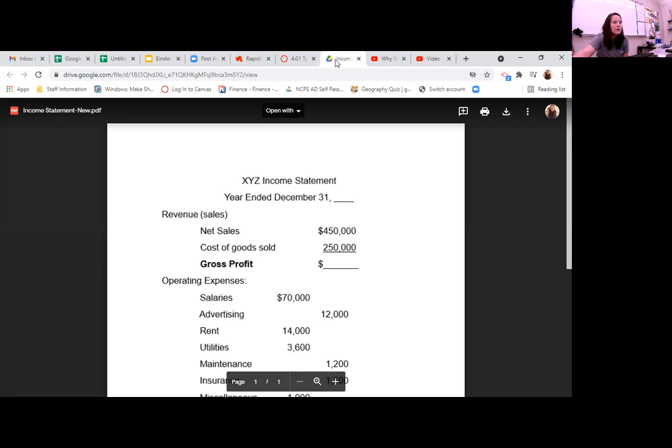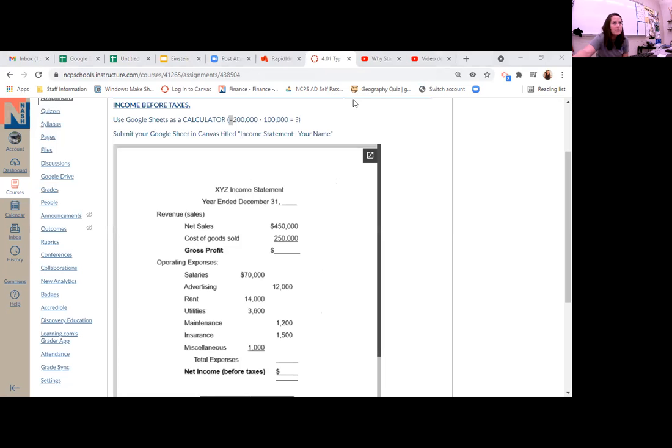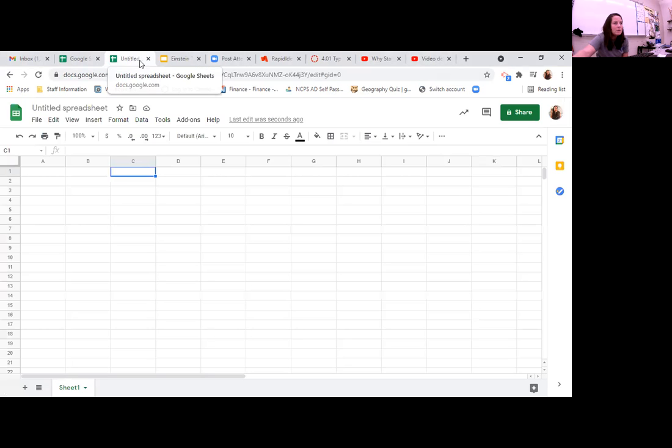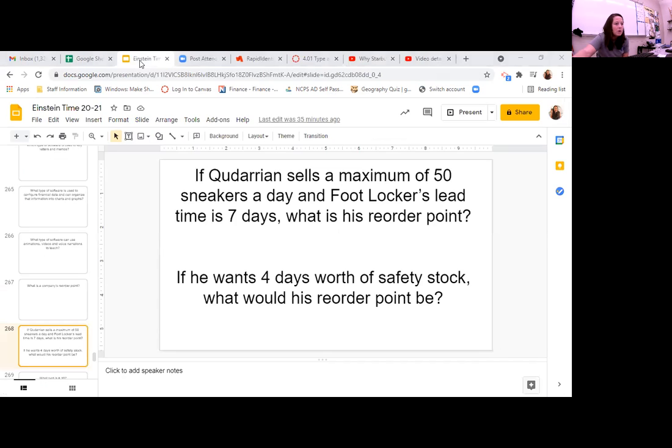So I would open this up, and I would have this over to the side along with your Google Sheet. And that way you can actually see what you're typing. So I've got both documents up, and you can resize these.